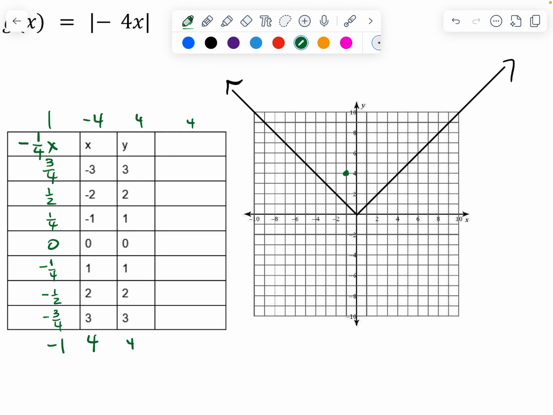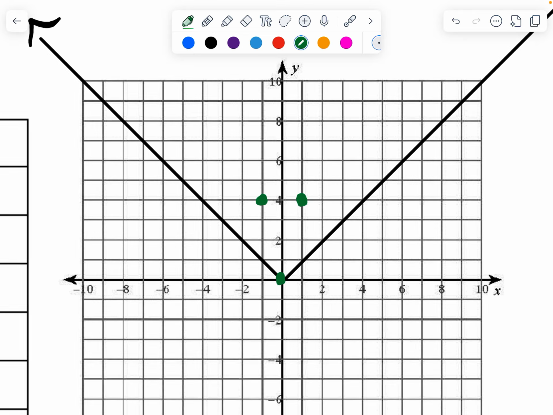So 1 should be 4. -1 should be 4. 0, 0. And then 1/4 is 1. Like so.